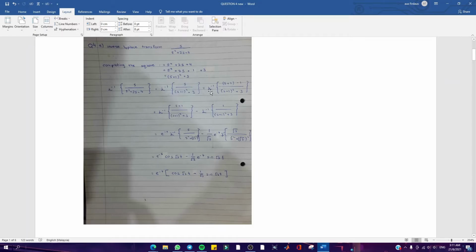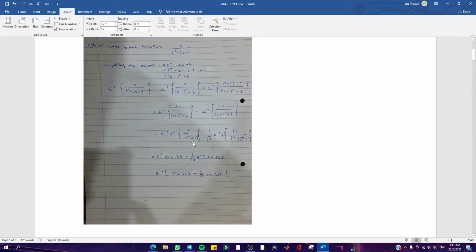So s plus 1 we put here and then minus 1 here, and then we do the inverse Laplace transform. From s plus 1 over s plus 1 we get exponent negative t, and here also 1 over s plus 1 we get exponent negative t.